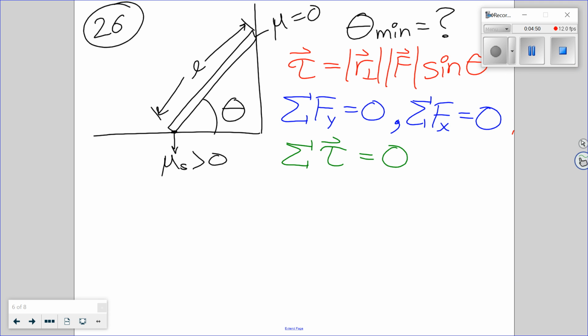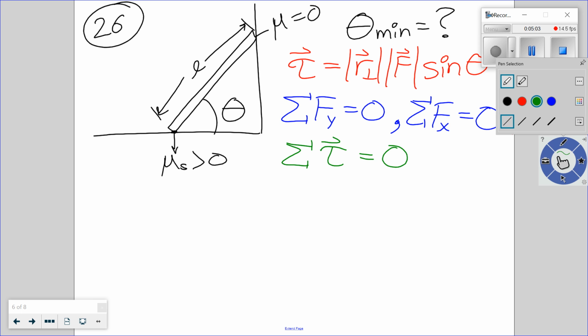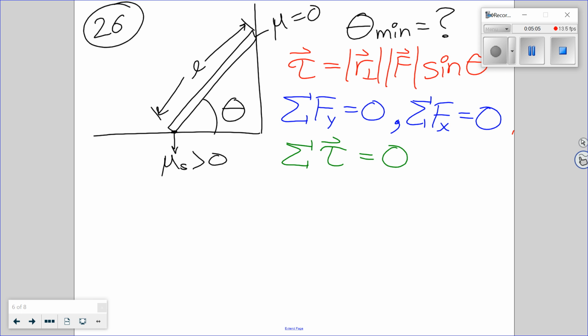All right. Any questions so far? So the ladder has mass little m according to the problem on our homework sheet.